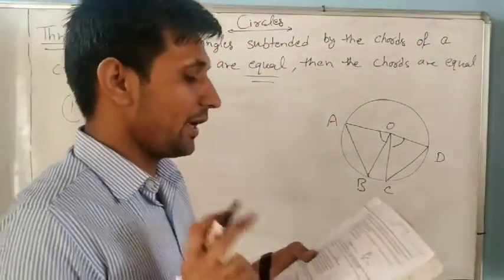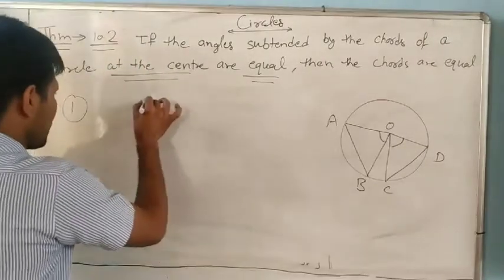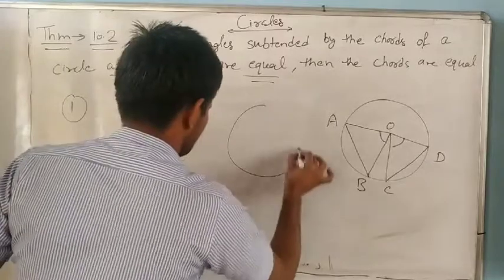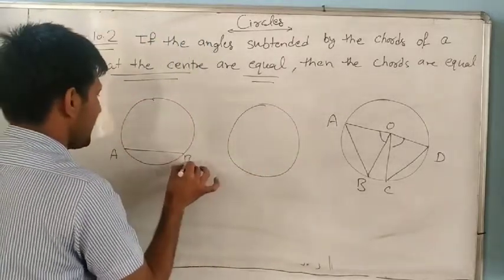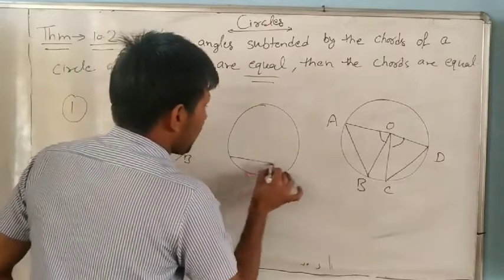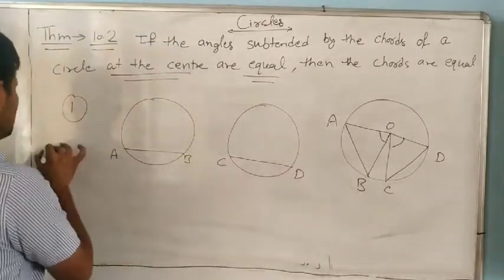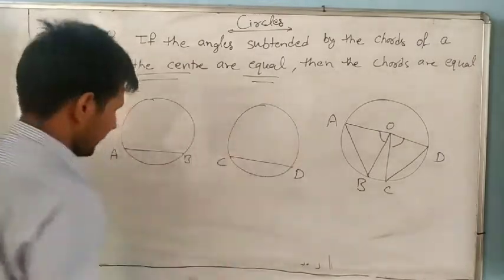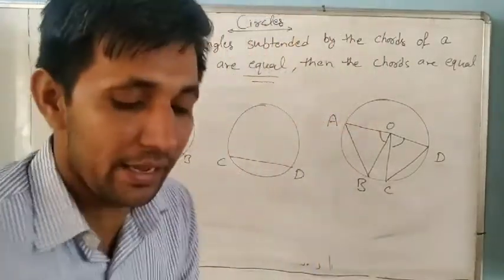Then prove that equal chords of congruent circles subtend equal angles at the center. One is a congruent circle, and the second is another, and it is given that AB and CD are equal chords. Chords are equal, given. AB equal to CD is already given.